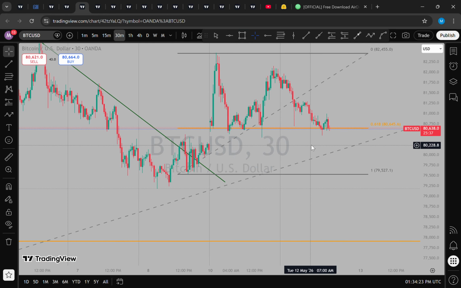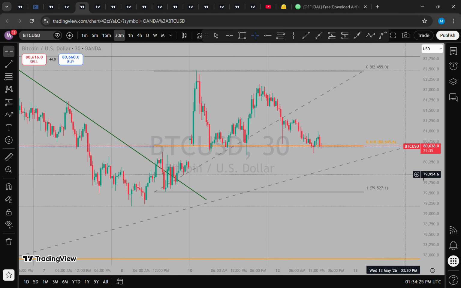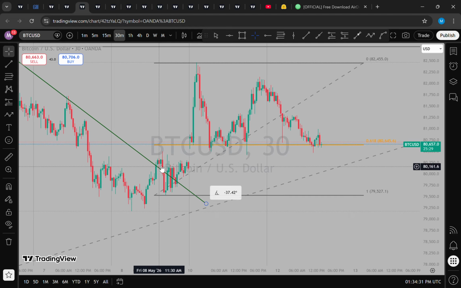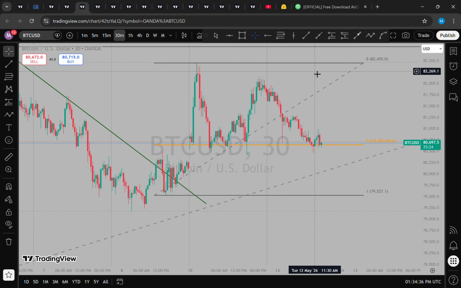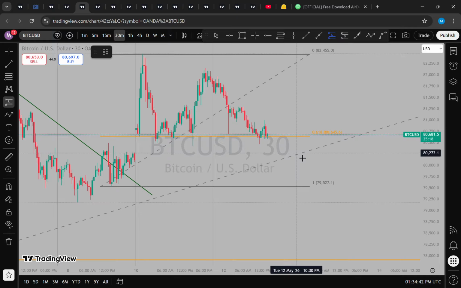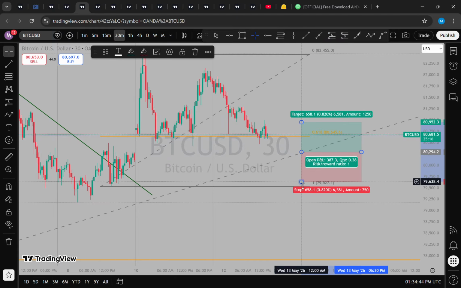So if you're going to enter this trade now, this is the other block here. So we can enter buy from here.